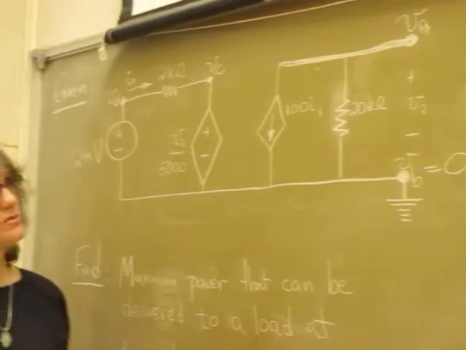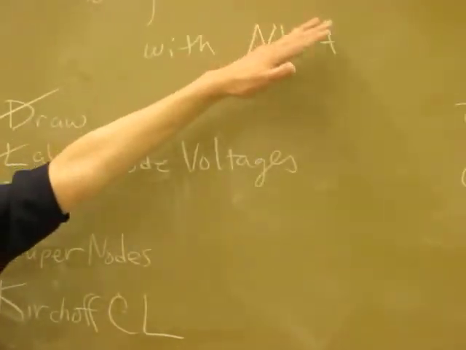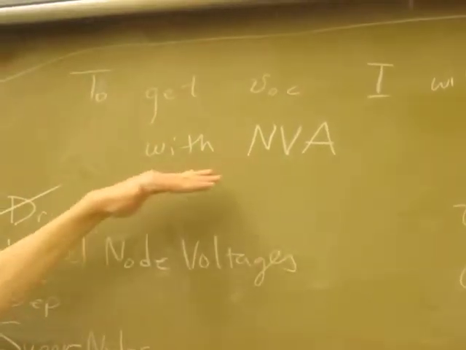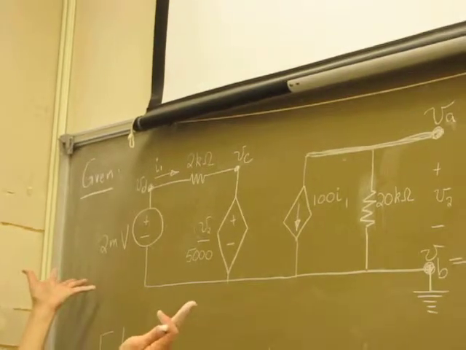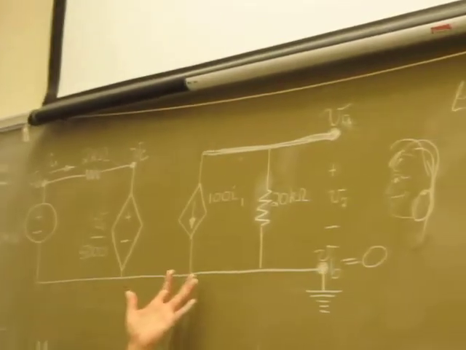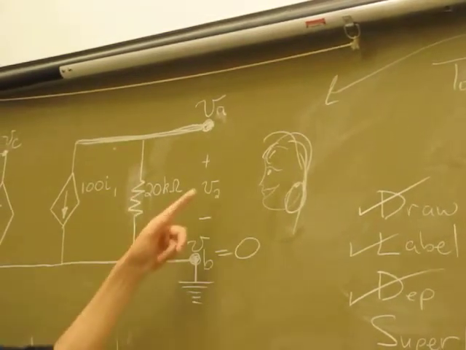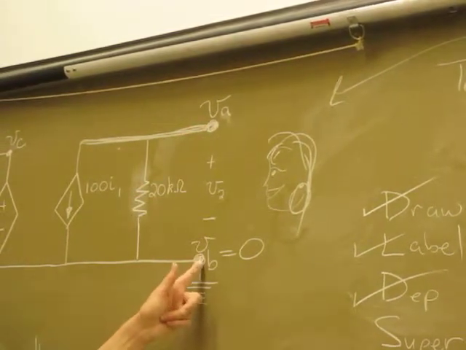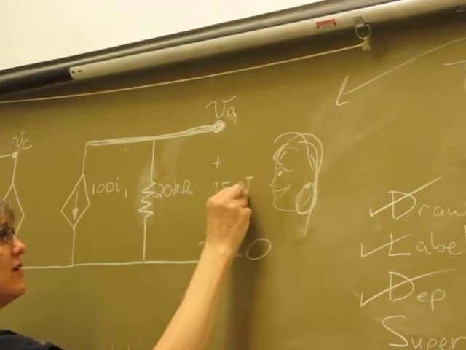Oh, I just realized something. Here I said, to get VOC, I will use this picture with node voltage analysis. But how am I going to get VOC? Where is VOC? What's the definition of VOC? It's the voltage at the terminals when the terminals are open. So I should have identified it.